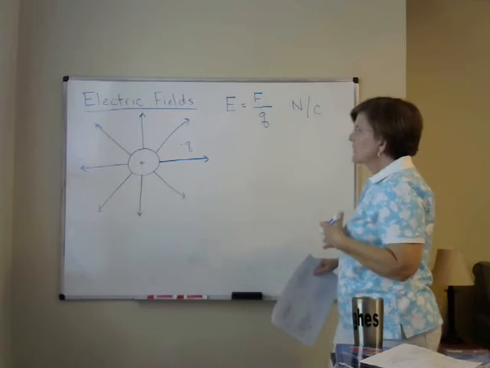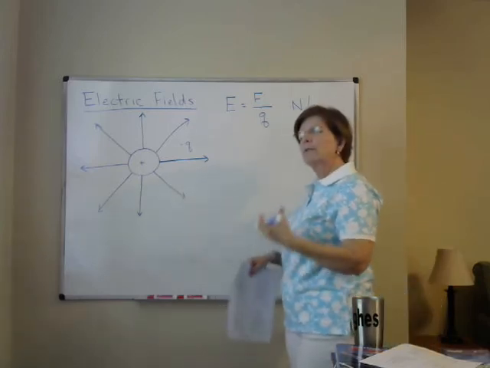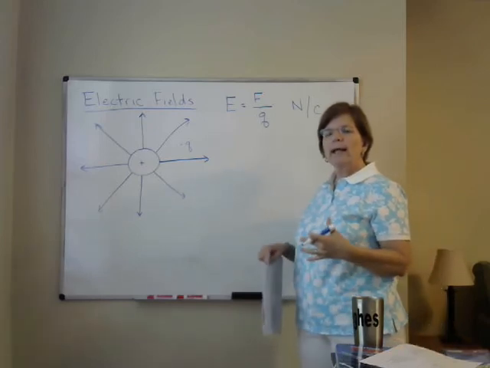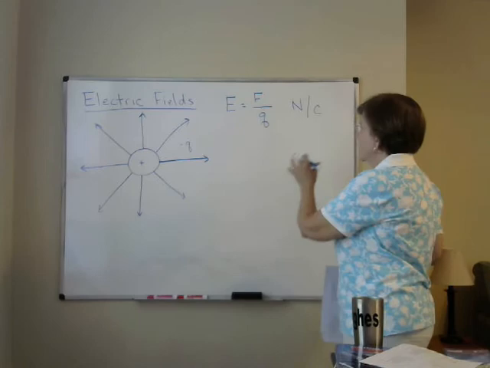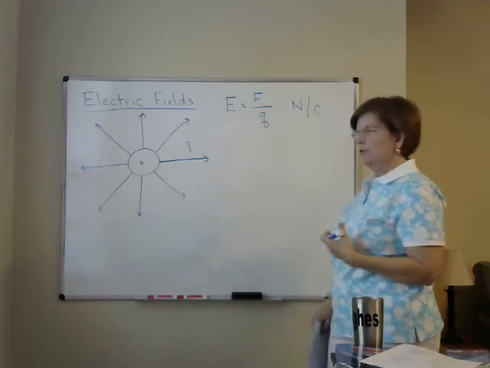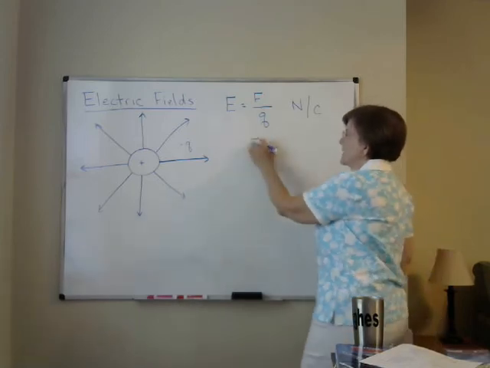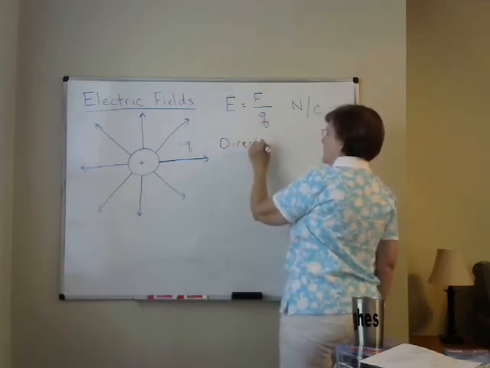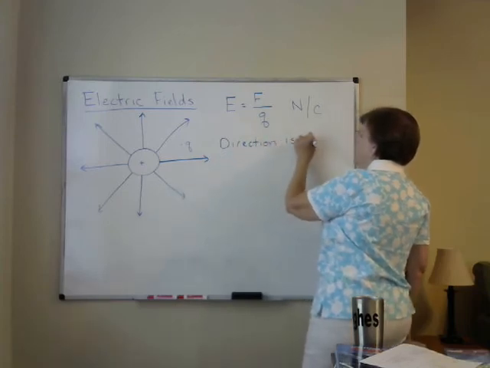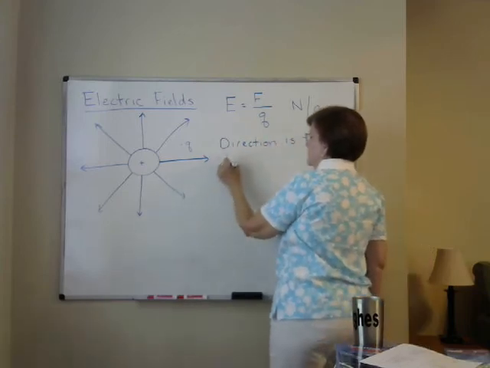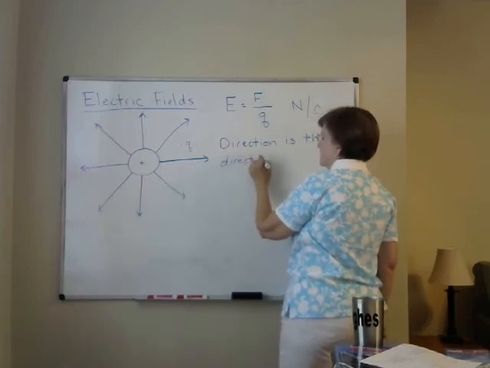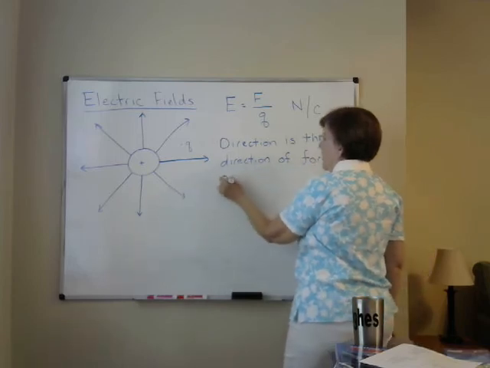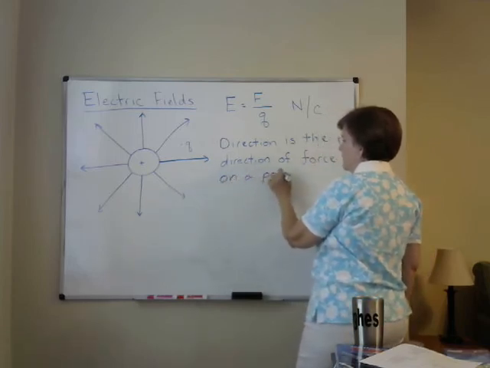Okay. It's really hard to visualize electric fields without these electric field lines, but an electric field will always point away from a positive charge because it's a vector field. It has direction. And if this gives us the magnitude, the direction is the direction of force on a positive charge.